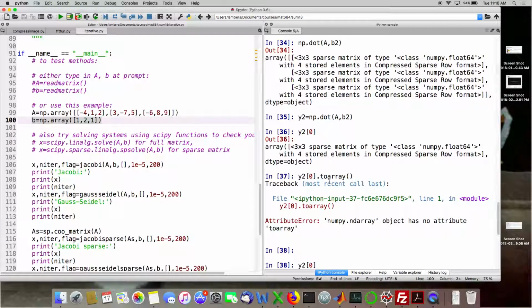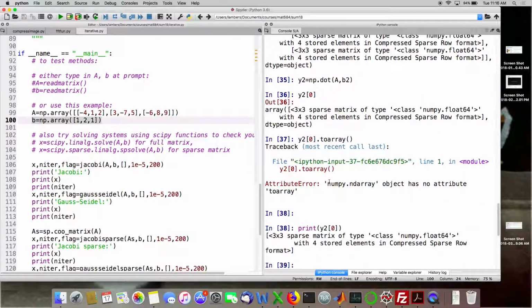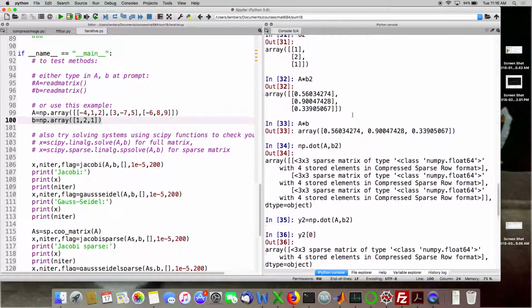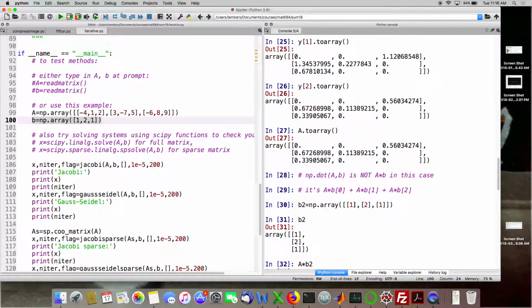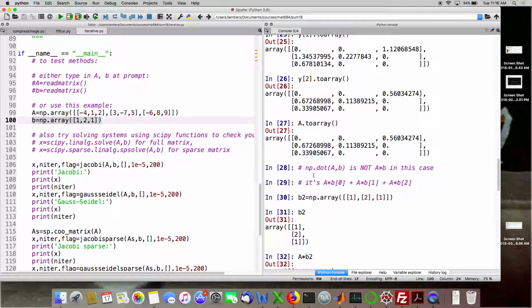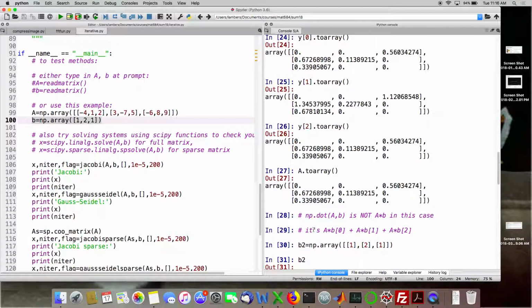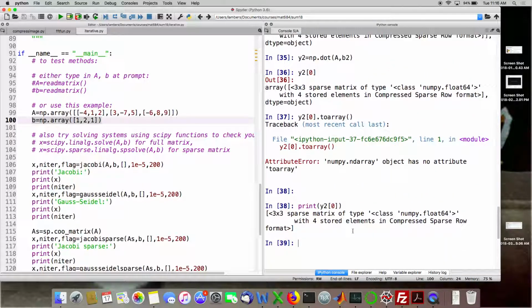Okay, let's try this instead. If I print y2 of 0, yeah, that's a 3 by 3 sparse matrix. Although, now that I think about it, sorry, I apologize. I goofed. It did not add them up.